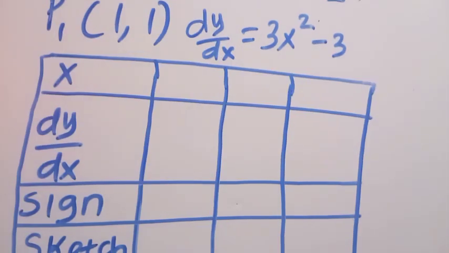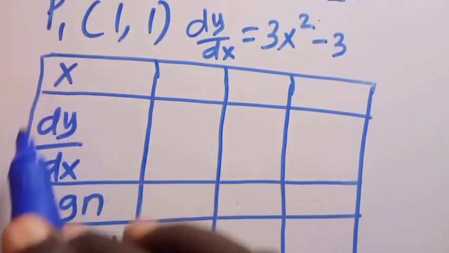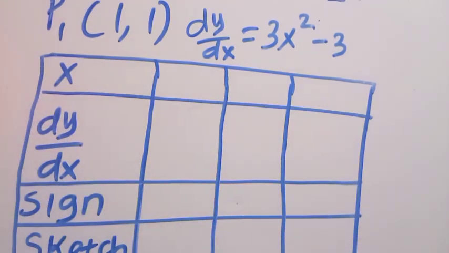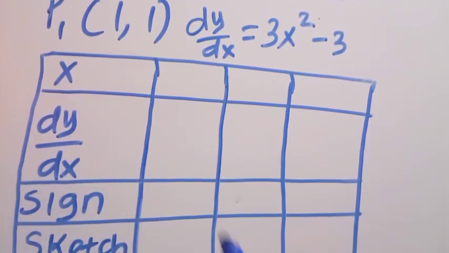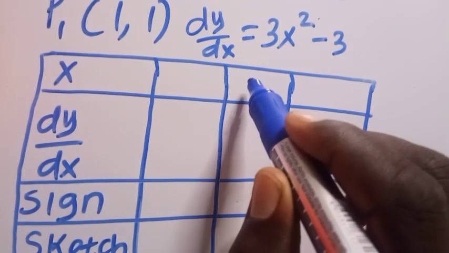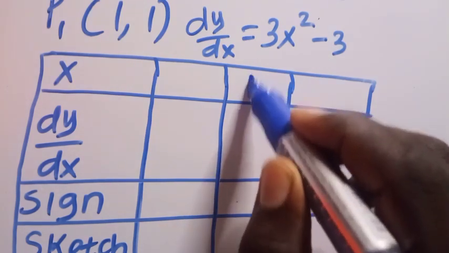Now, we shall have this table in order for us to check the stationary point. In that, we shall have our 1 at the center.